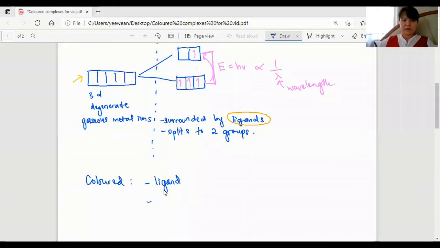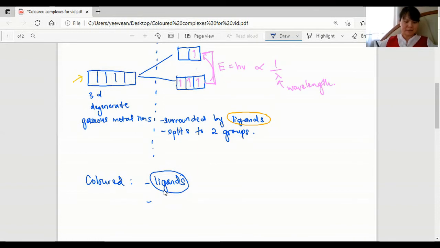So they will only be colored if there's a ligand or there are ligands approaching it. So you saw just now when there are no ligands around, it will just be degenerate, which means all 5 are the same energy level. Then there's no promotion of anything, so the whole story won't be there about colors. Okay, so first of all, there must be ligands that approach the central ion or atom.